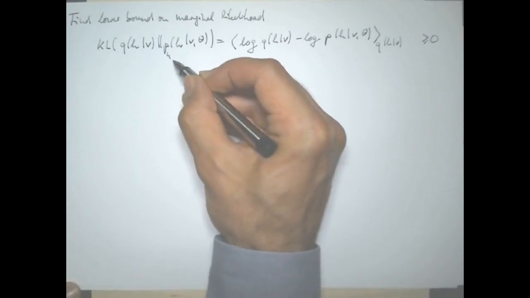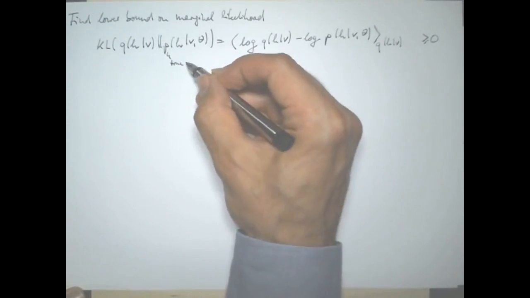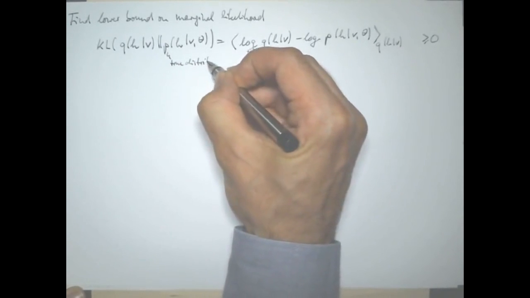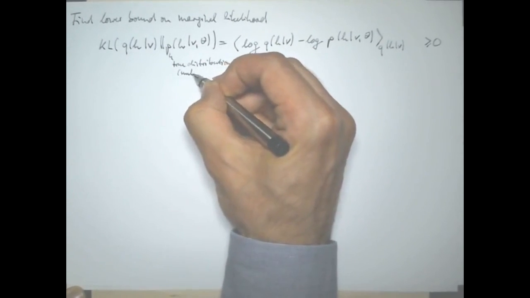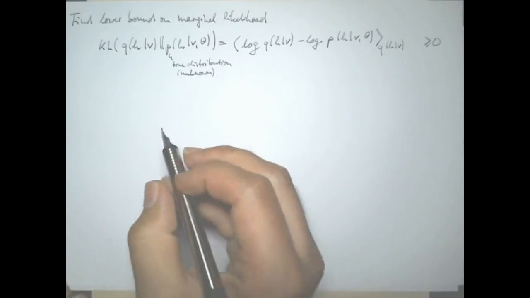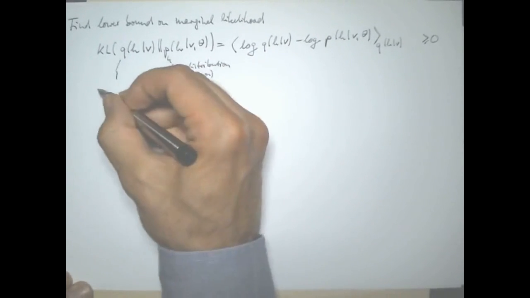So this is, P is the true distribution, which is unknown, and Q is a variational distribution.